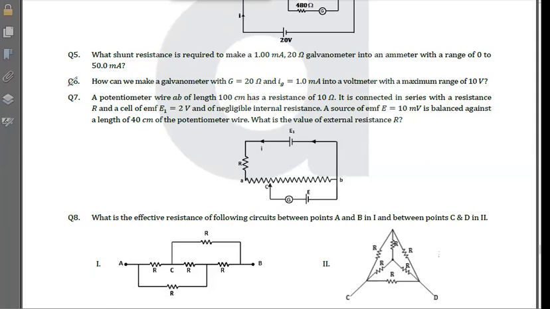Chalo. Sixth one. Now, sixth one is same as fifth one. ठीक है?